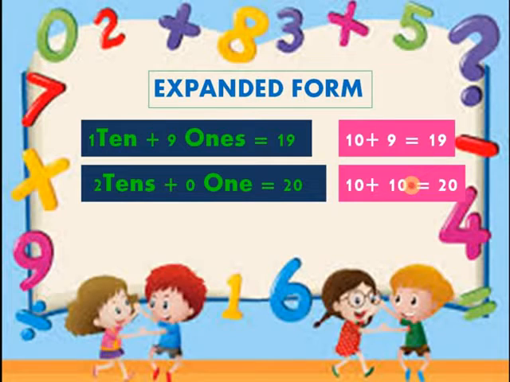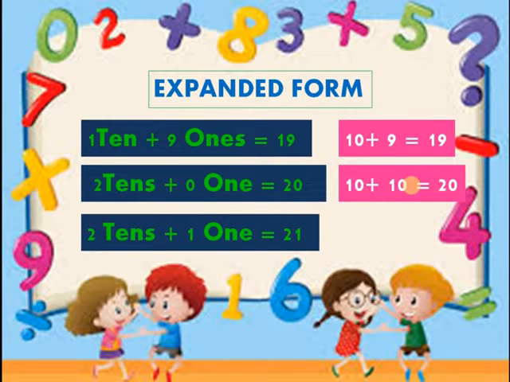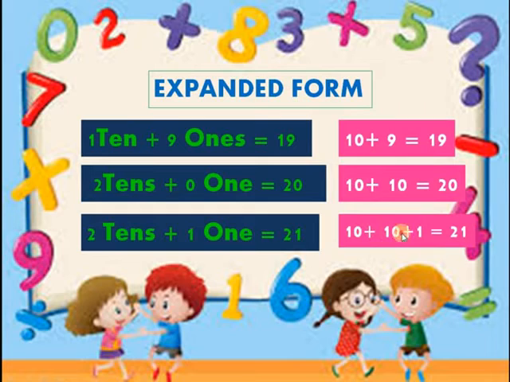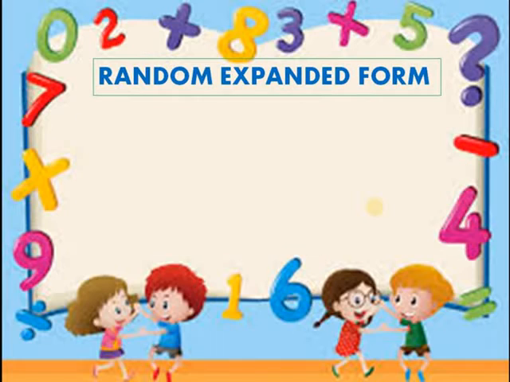1 ten plus 9 ones is equal to 19. So the expanded form of 19 is 1 ten and 9 ones, or 10 plus 9 is equal to 19. Both are correct, and what you thought is also correct, 10 plus 9.